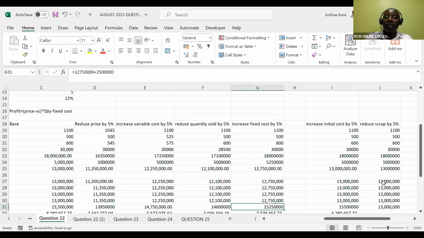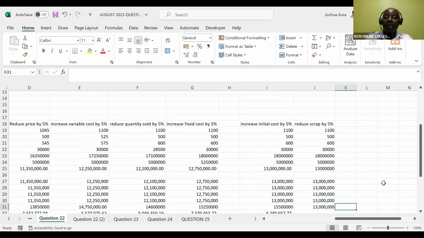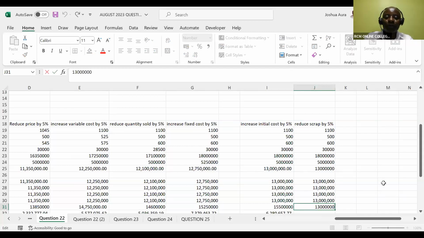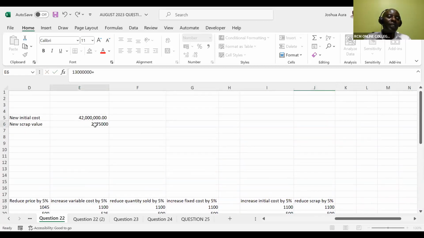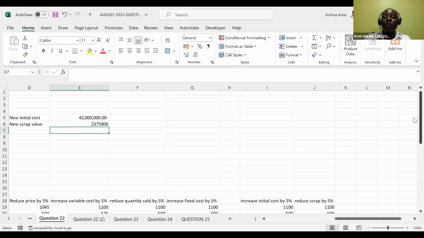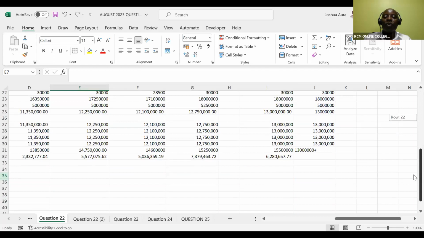you must make it live and ensure that you're adding here the new scrap value. You're adding the new scrap value like this. All right, so you can say enter there. And then of course you get something that doesn't make sense at all.